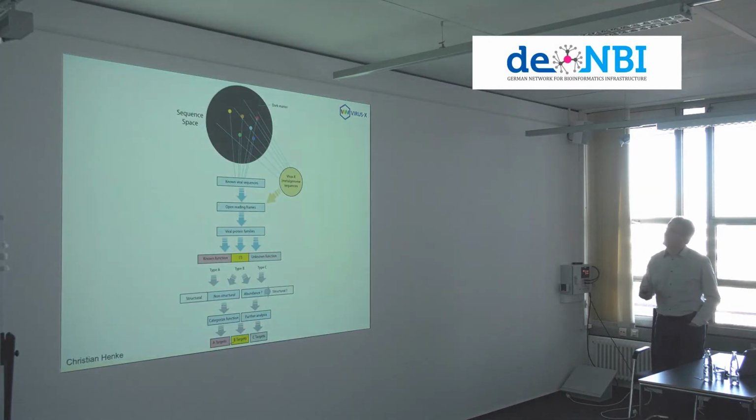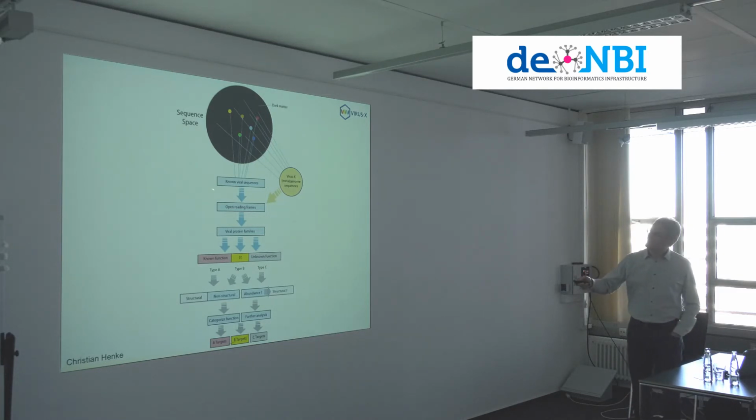And why do we want to do this? Well, of course, we want to know. Let's say there are lots of unknown genes in these viral metagenomes where you have no idea what the function might be. Okay.